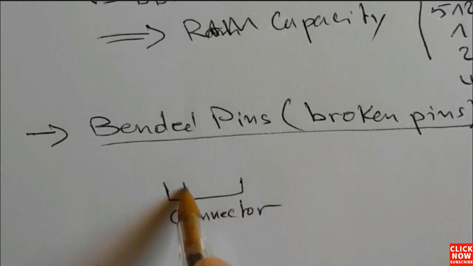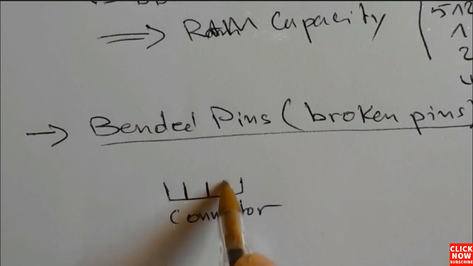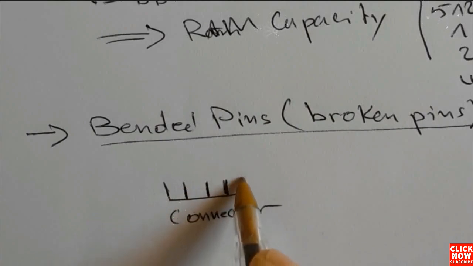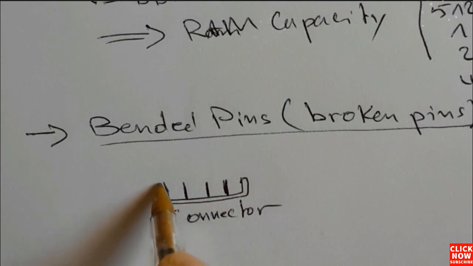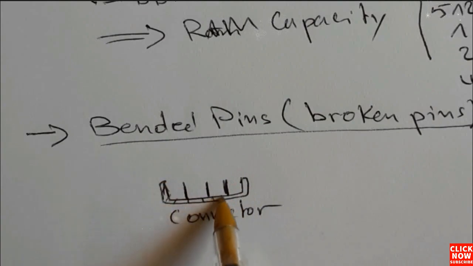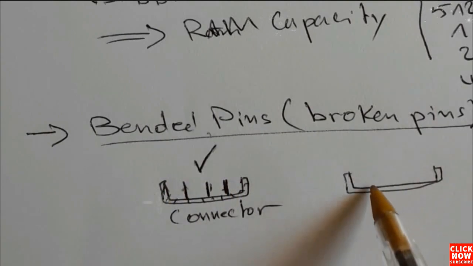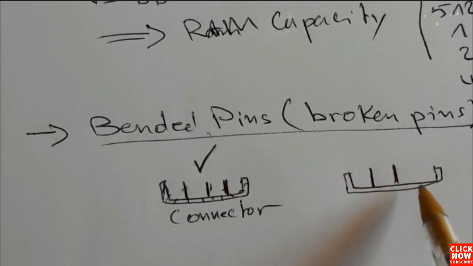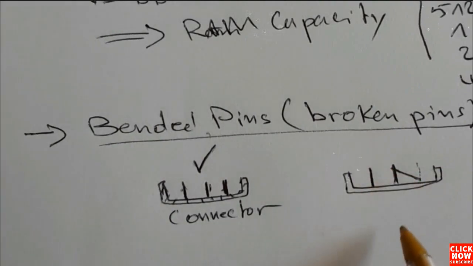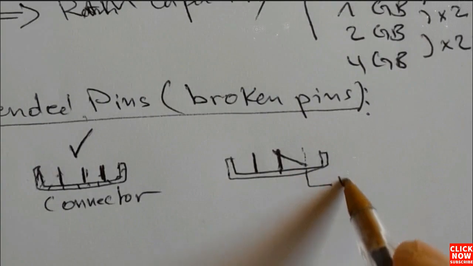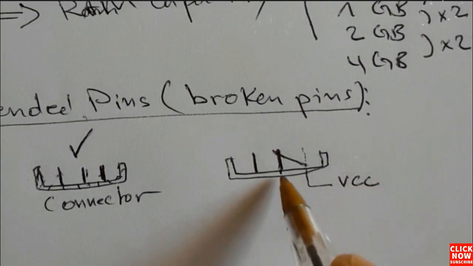So I will give you an example. Here we have a connector with 3 pins. Basically this is a good connector, okay? We have 3 pins. Here we have another connector where we will draw a bended pin, as you can see. You have 3 pins, but the third pin is bended. Here we have a short circuit.